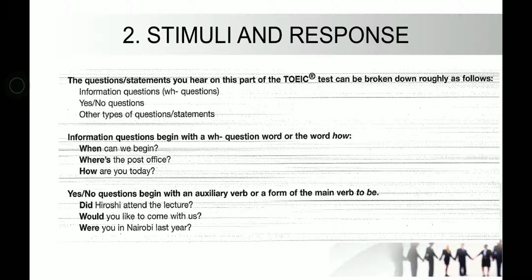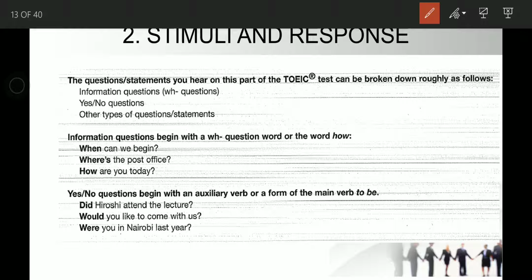So this is another tip. The question, the stimuli, the statement, is usually a WH question, or maybe a yes/no question, or some other type of question or statement. So you have to take a look. For example, with a WH question, if the question starts with what, the answer must be a thing.